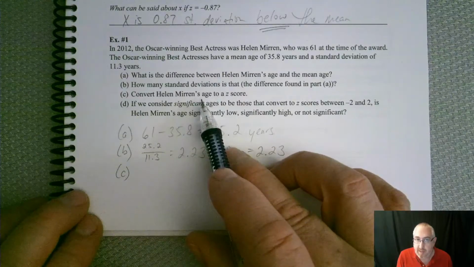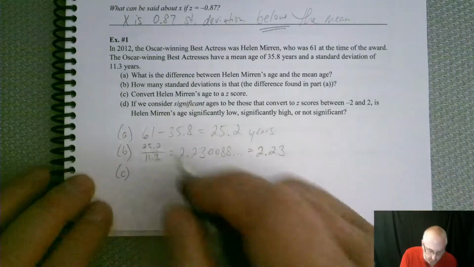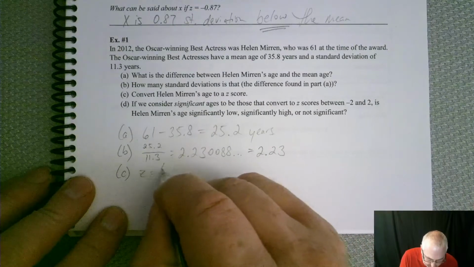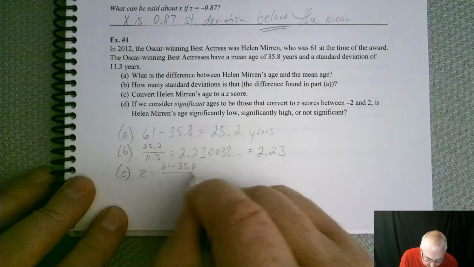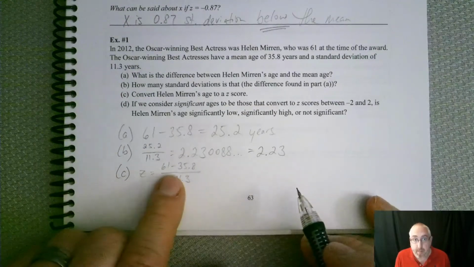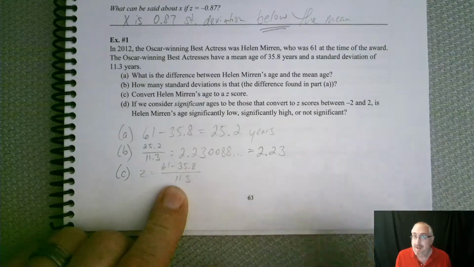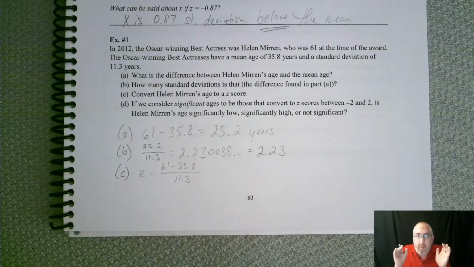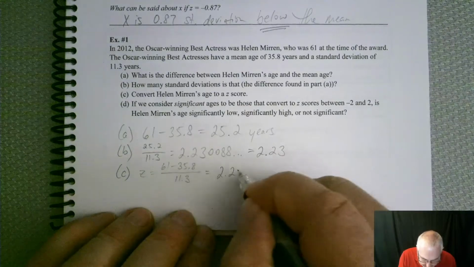Now, what's the difference between doing these 2 steps and what they want in step C, convert Helen Mirren's age to a z-score? All we're doing is presenting it a slightly different way. We've got x minus the mean, all over the standard deviation. It's exactly the same thing, just in one compact formula, so we're going to get the same exact answer.